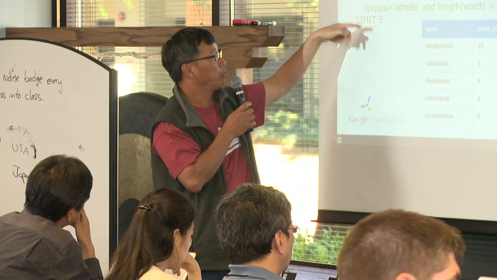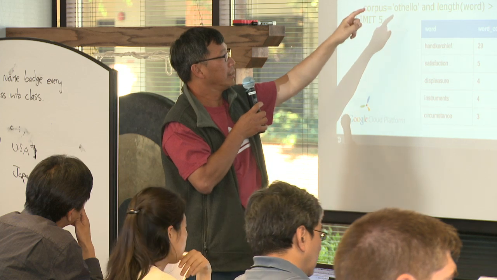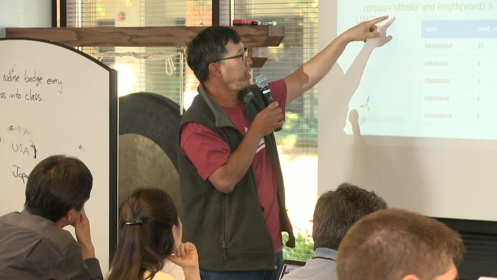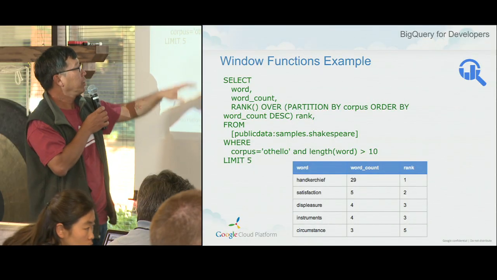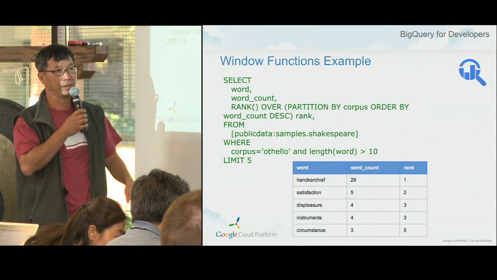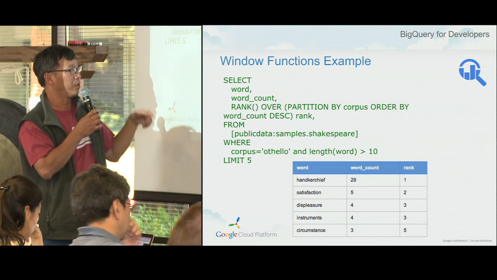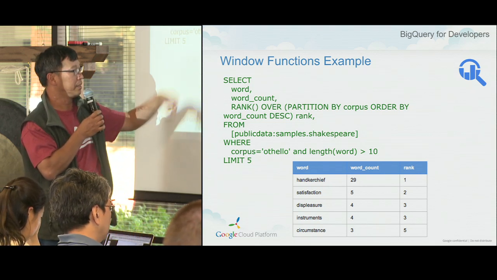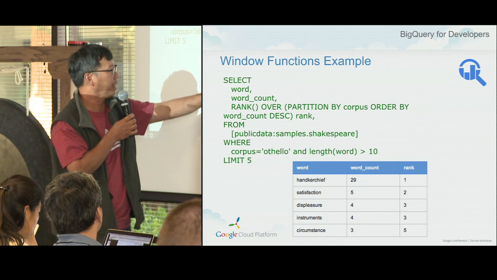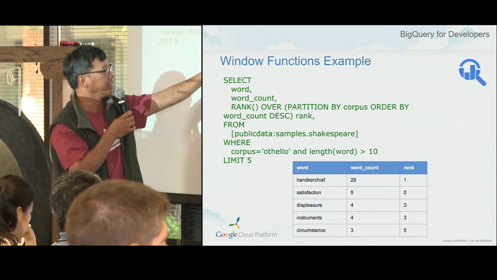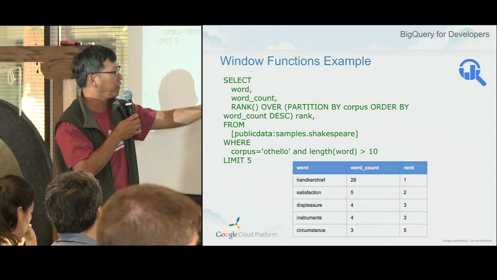And what I'm interested in is, okay, count all the words that appear in his work Othello, and rank it. So if you just do a regular select word count order by descending, right? You will see the word handkerchief was mentioned 29 times, right? 29, 5, 4, 4, 3.